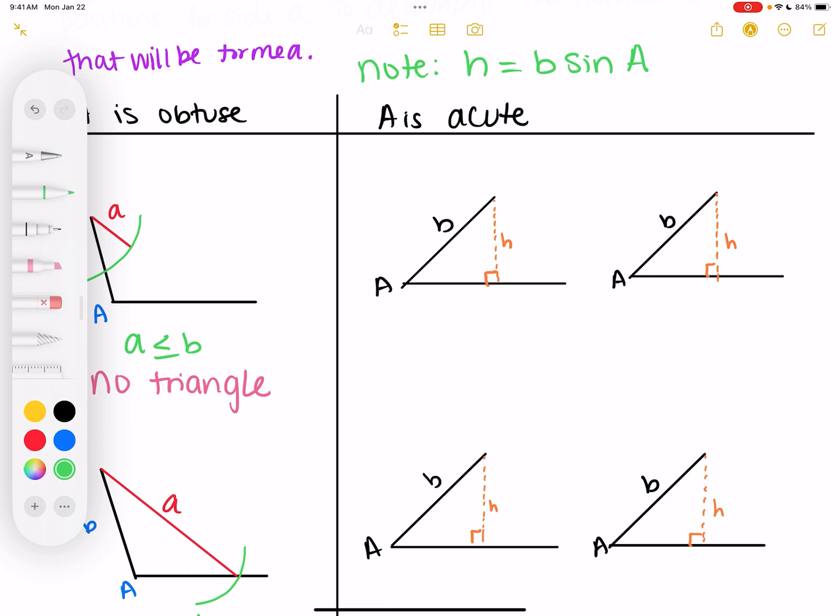So in this first one, I'm going to have this be side A. Now if I swing it around, it doesn't intersect anywhere down here. So H is greater than A, and I will have no triangle.